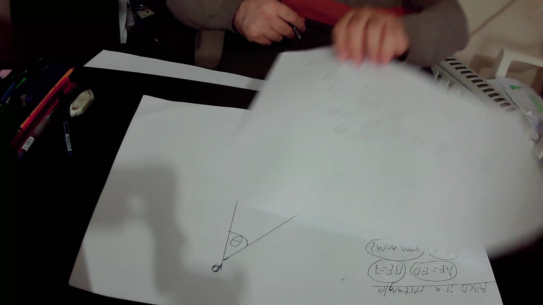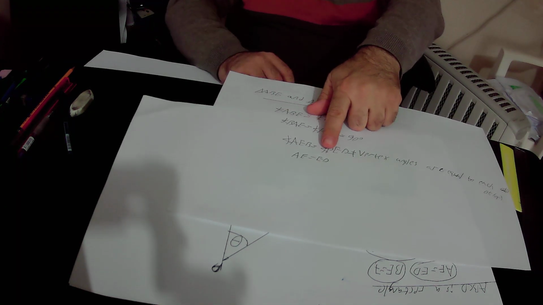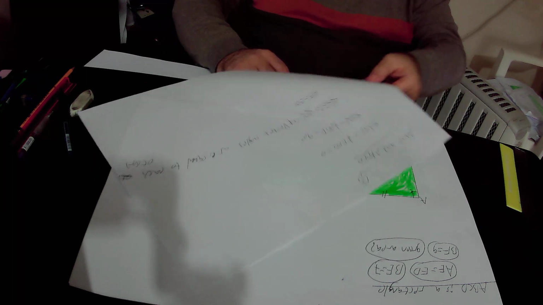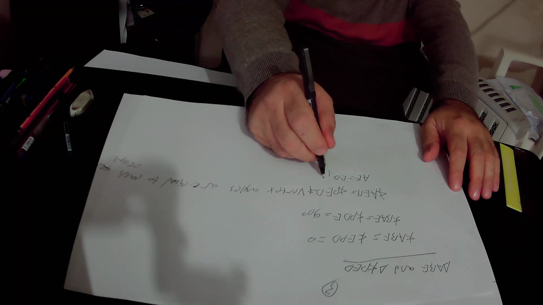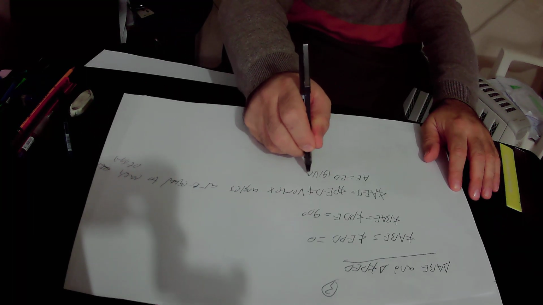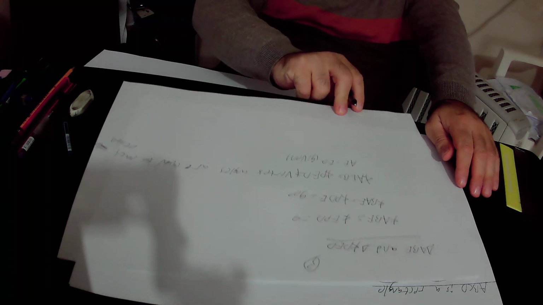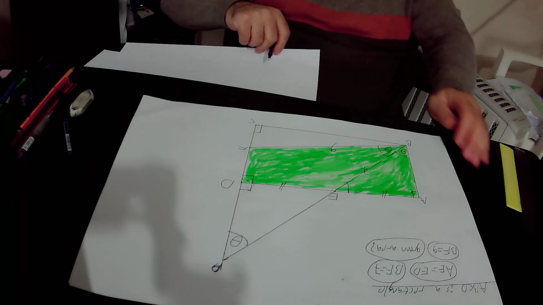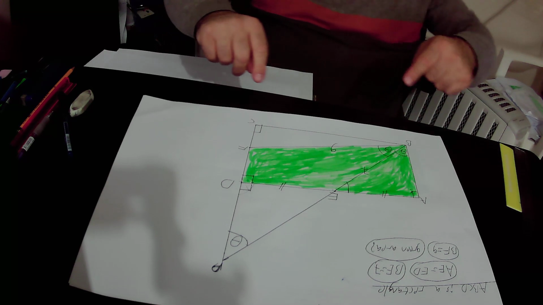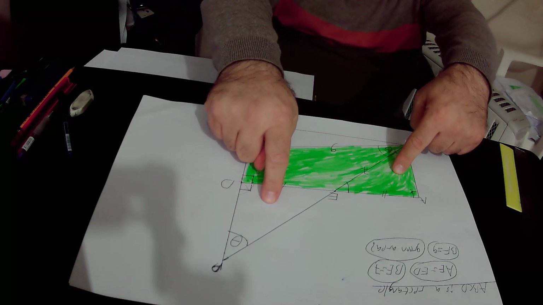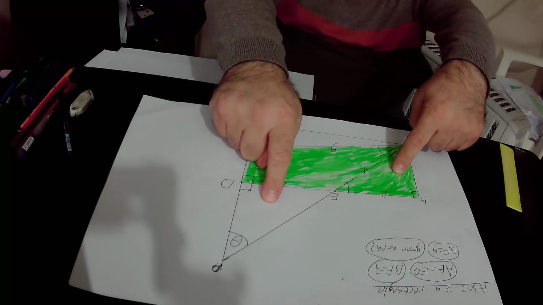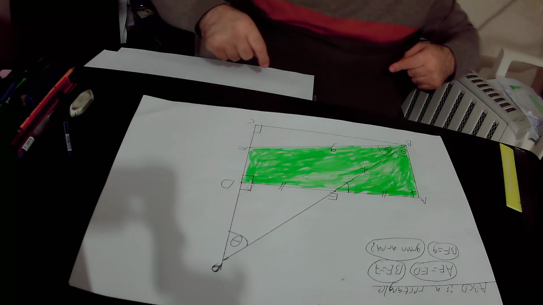AE equals ED. It is given in the question. So actually we proved that those two right triangles are congruent according to the angle side angle rule. Why?